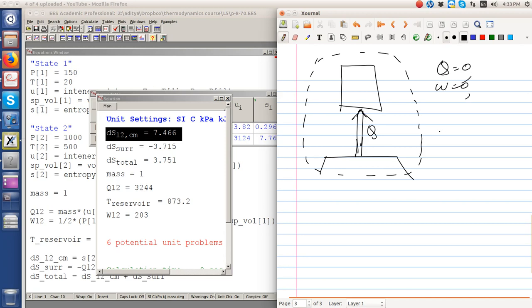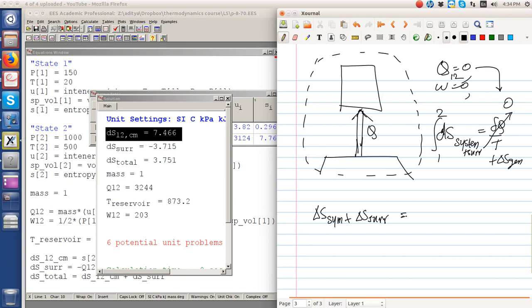So the manifestation of the second law: dS of system plus surrounding is equal to δQ/T plus δS_gen, but δQ/T for this is by construction 0. Therefore ΔS system plus ΔS surrounding is equal to ΔS generation.